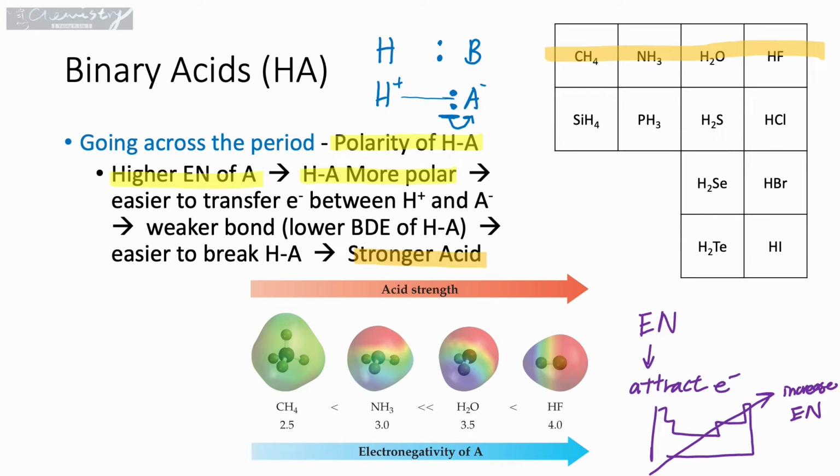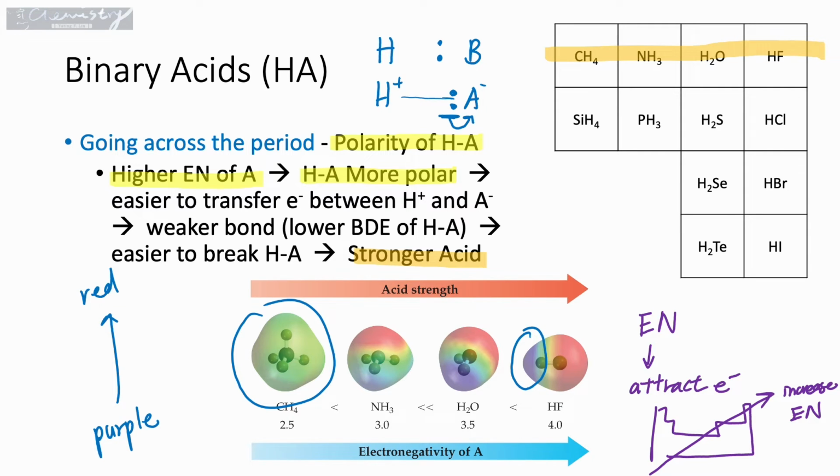We can see that the electron density on H is so much smaller in HF compared to CH4, where they're basically shared evenly. So remember how we can interpret these electron density maps? Well, the purple one is low electron density, and then red is high electron density.